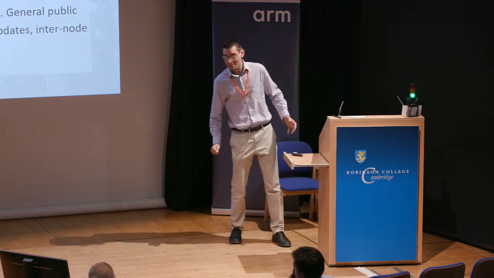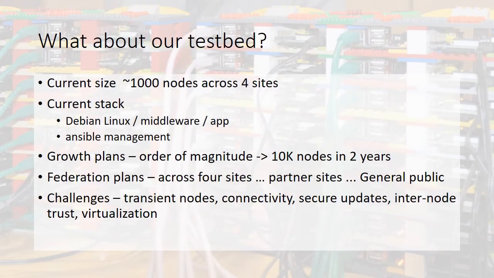So we all got together and decided that we were going to build a large test bed using Raspberry Pi nodes. And at the moment, we've got about 1,000 nodes across 4 UK university sites connected over Janet, the UK academic network. And we did start off using Debian Linux. We're now moving on to Alpine Linux, which is a little bit of a more compact distribution.